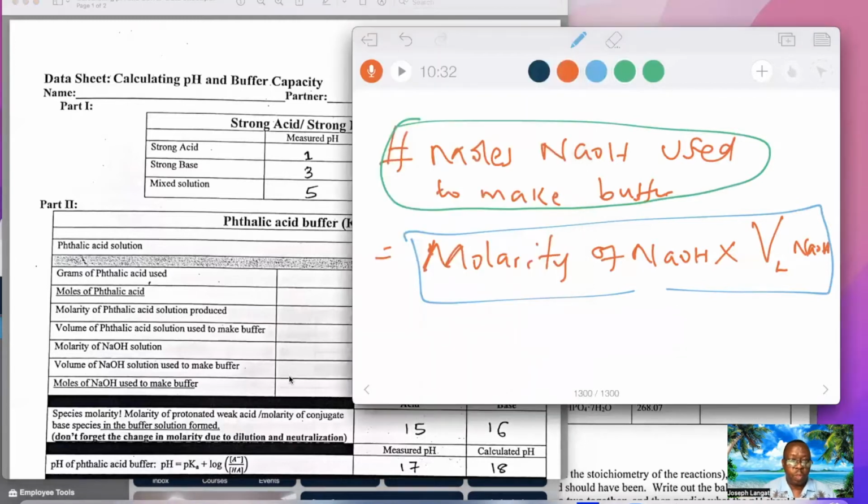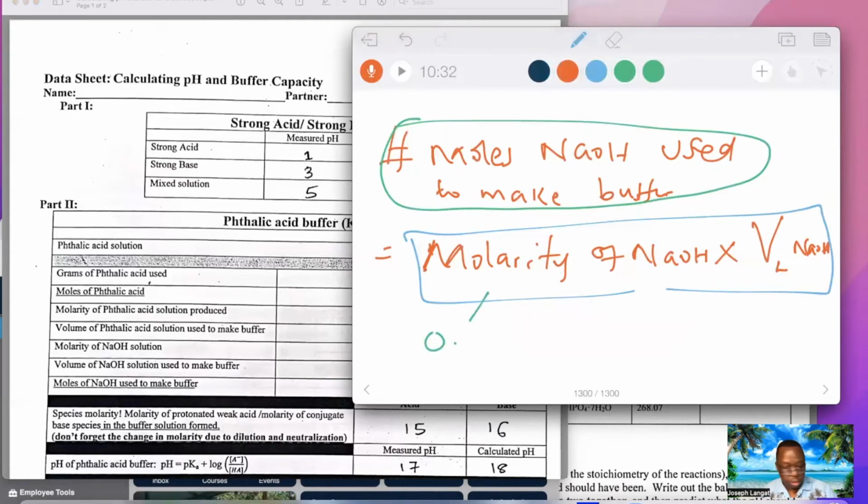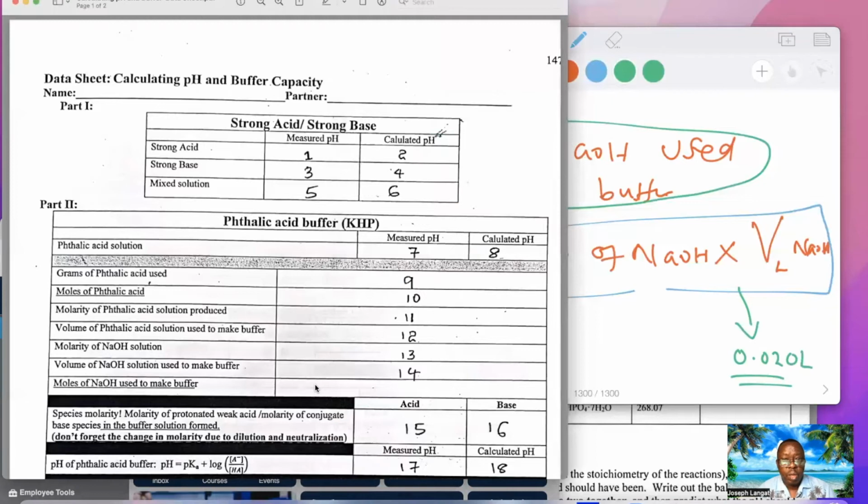For this item, the number of moles of NaOH used is the molarity of NaOH, 0.100, times the volume in liters, 0.020 L. This will give you the number of moles of NaOH used.